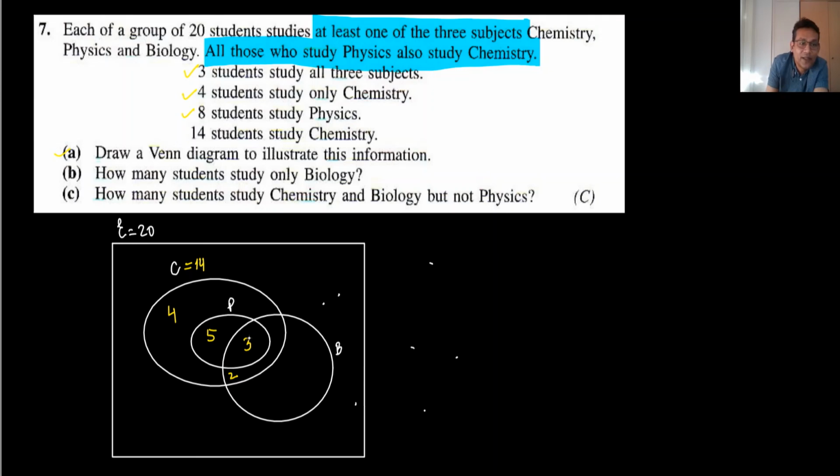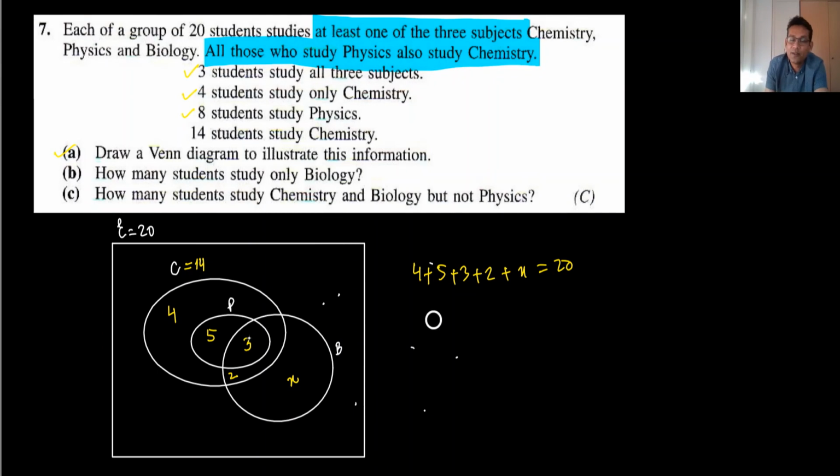And sorry for that. How many students study only biology? Only biology means we are talking about this part. I can suppose this is X. Now because we have the information, 20 students are already there. So we can get 4 plus 5 plus 3 plus 2 plus x is equal to 20.